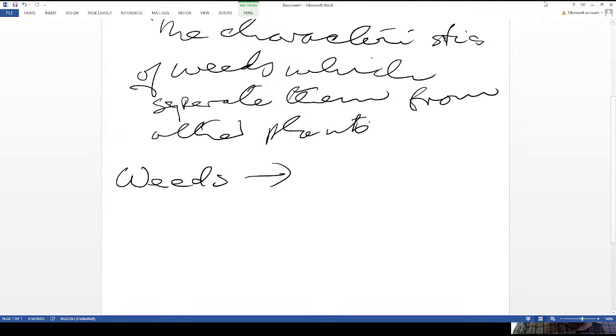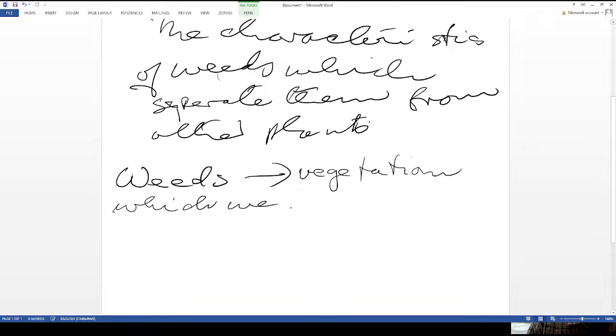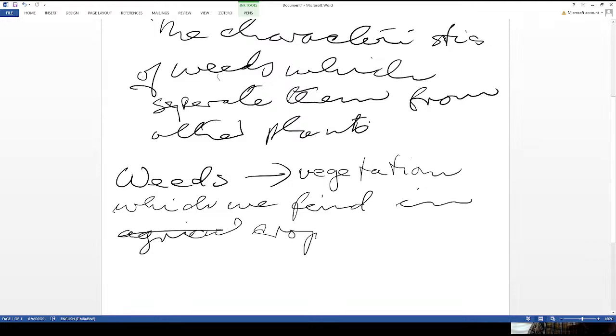Okay, we defined weeds as simply vegetation which we find in agricultural, or let's say in cropping fields.